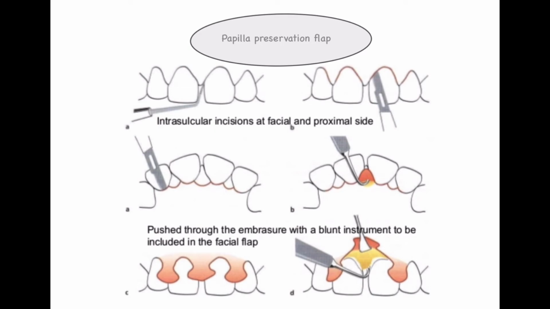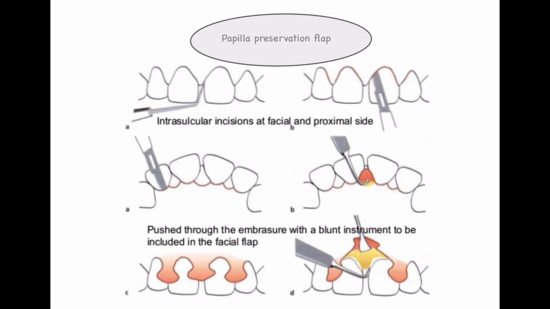As the name itself indicates, here we are preserving the papilla, meaning that we are not severing the interdental papilla, yet we are reflecting the flap. For this, in figure A we are giving the sulcular incisions. These sulcular incisions are placed around the circumference of the tooth, hence called sulcular. Sulcular here means gingival sulcus.